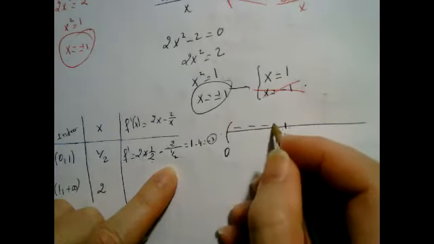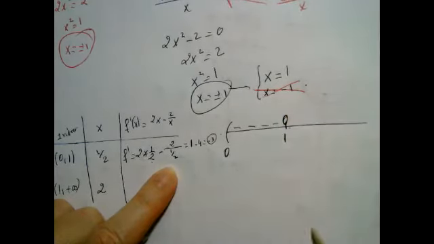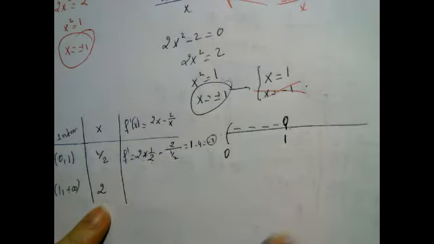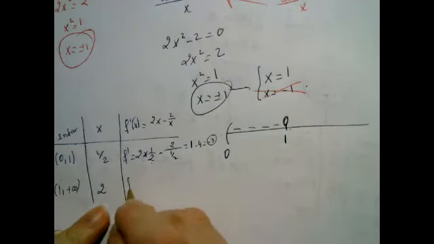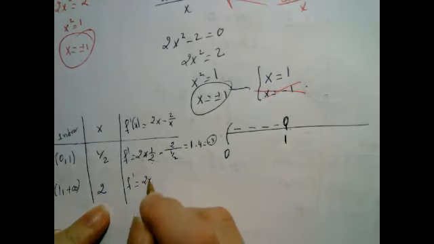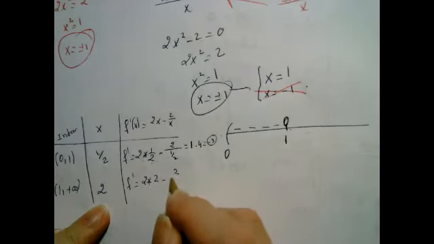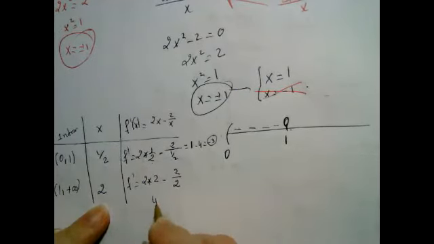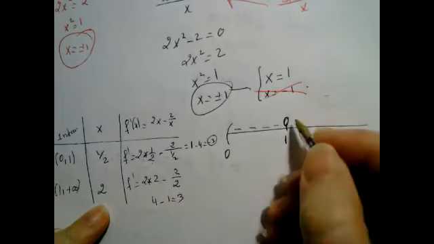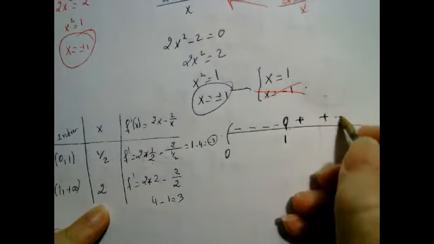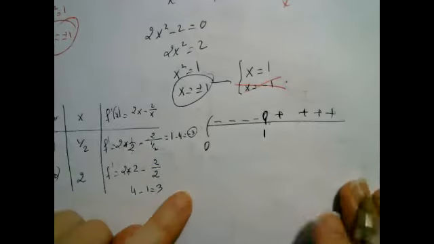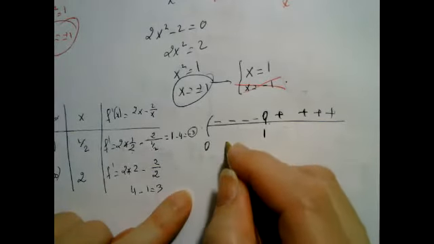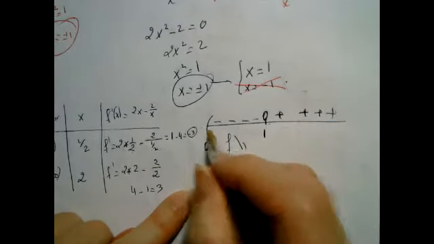And it means up to here, my derivative is negative. Now right here, f prime is 2 times 2 minus 2 over 2, which is 4 minus 1, which is equal to 2. Okay, so that's the sign of the derivative.